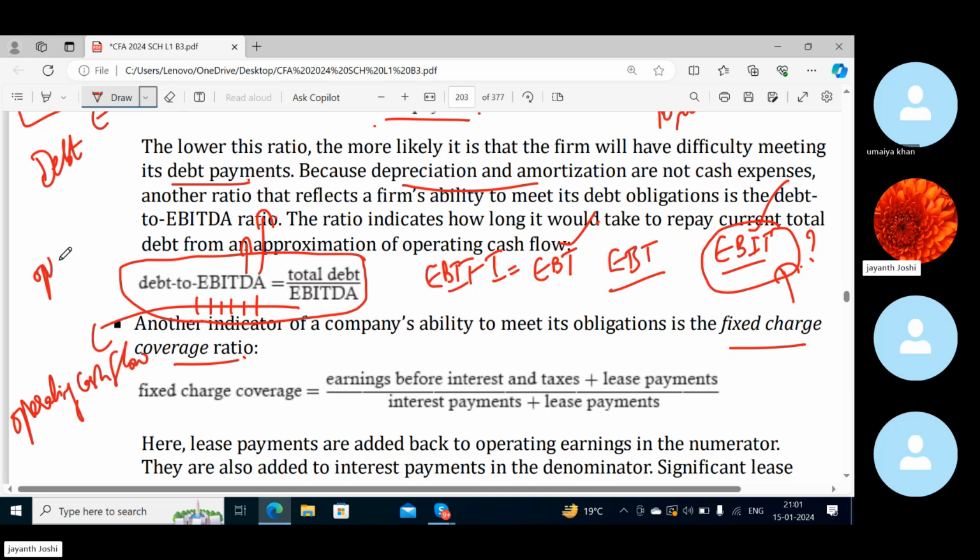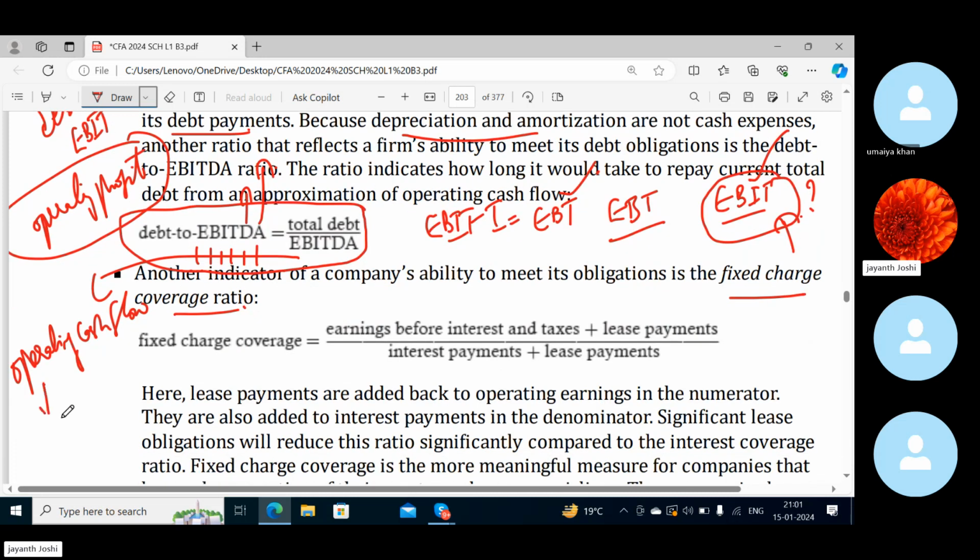rather than operating profit. If I have to consider operating profit, it will be EBIT. If I have to consider operating cash flows, it will be EBITDA, because depreciation and amortization are in fact shown as expenses in the statement of profit or loss, but they aren't cash expenses.